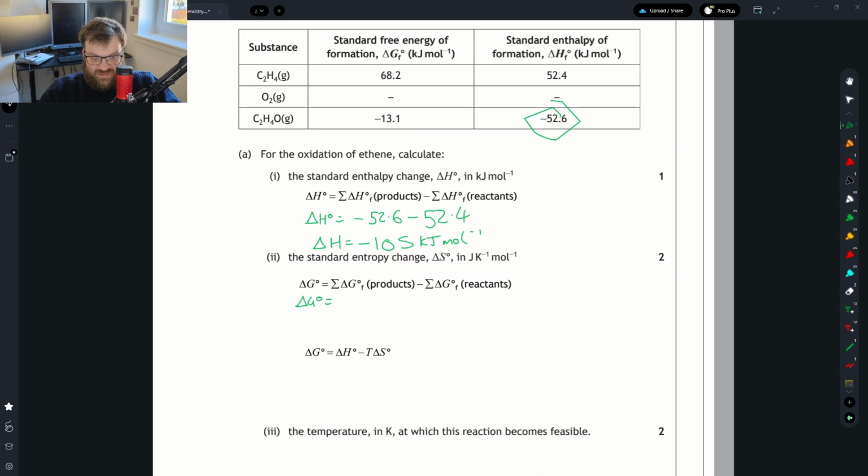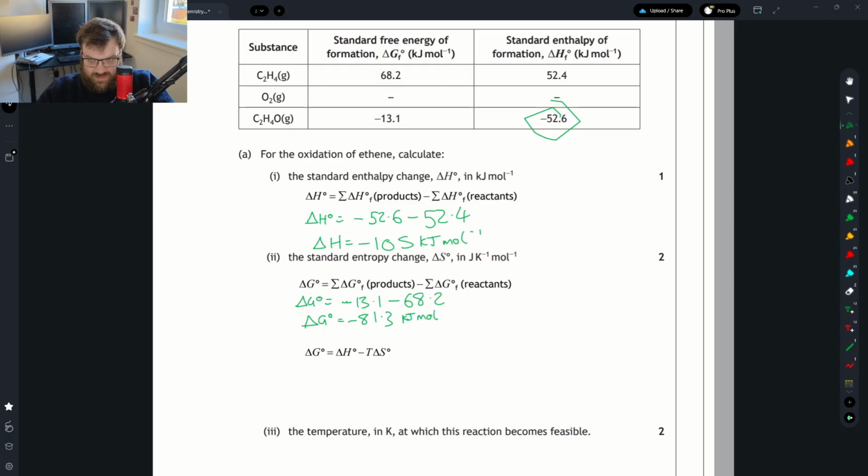So the products minus 13.1 minus 60 is minus 68.2, delta G naught goes minus 81.3 joules per Kelvin.